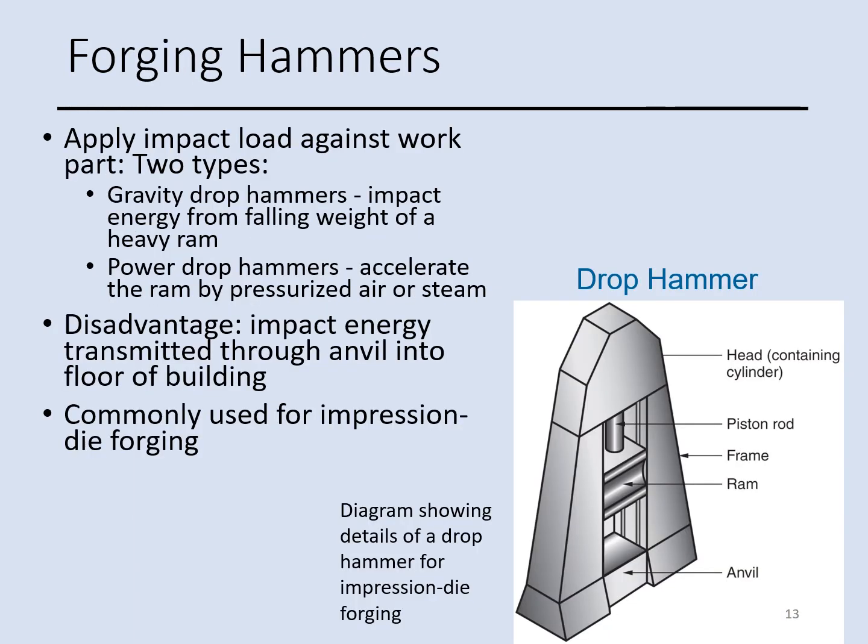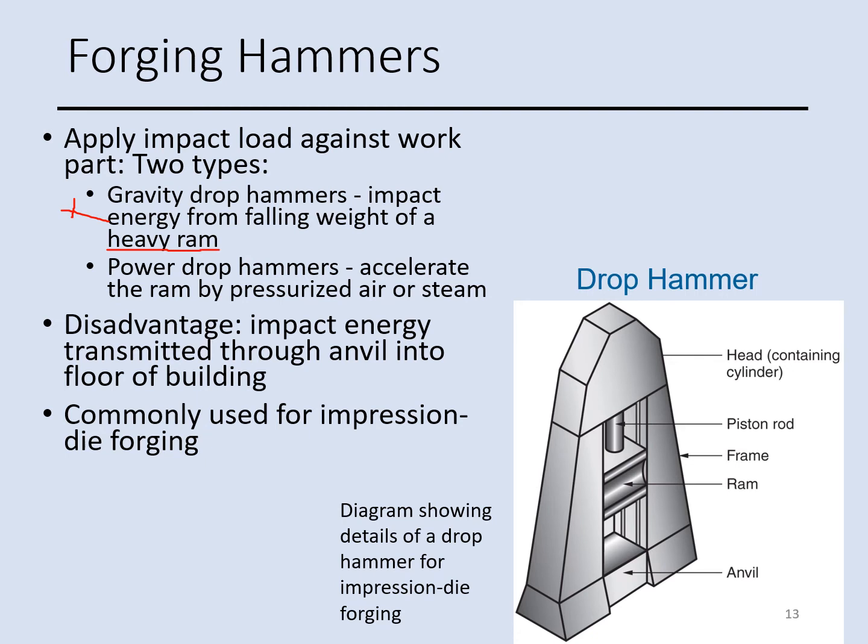The forging operation has to be done with forging hammers, and forging hammers are of 2 types. One is impact hammer, the other one is called press. Here the impact is going to be generated. For example, if we are using a gravity drop hammer, we have impact energy which is coming from a heavy ram.